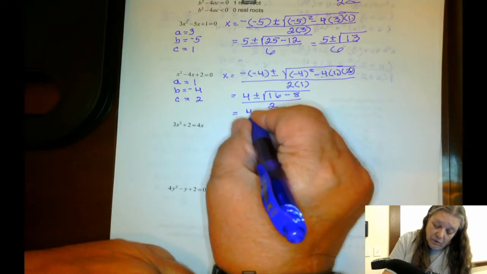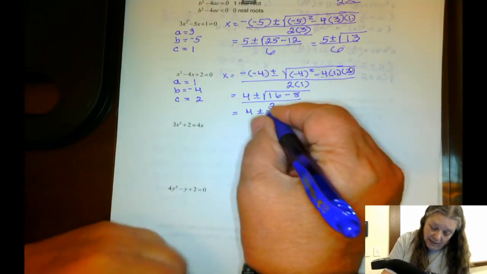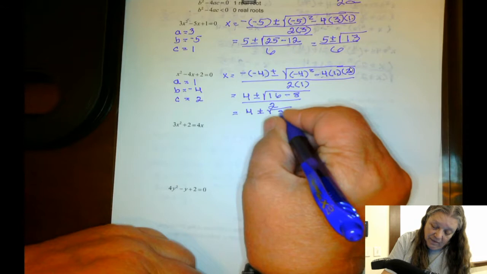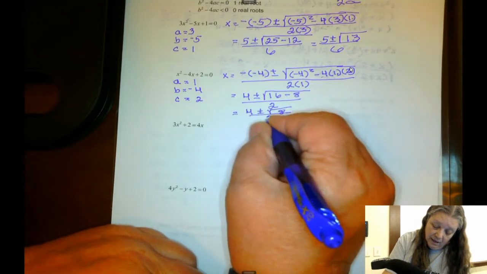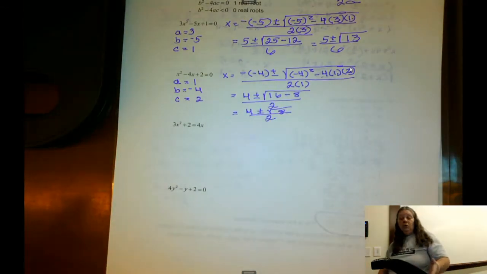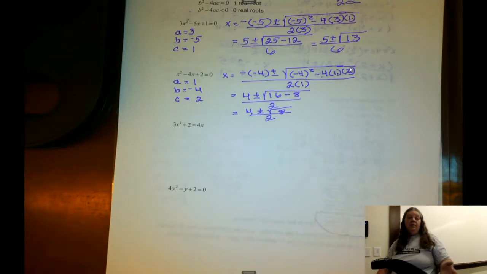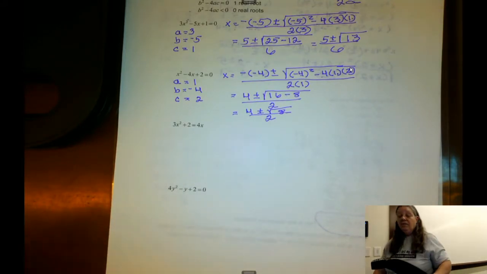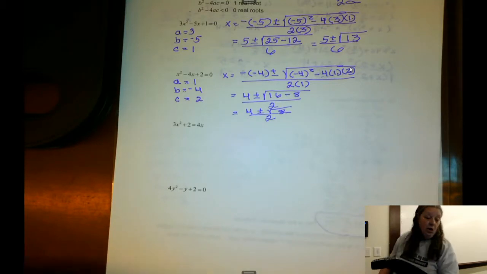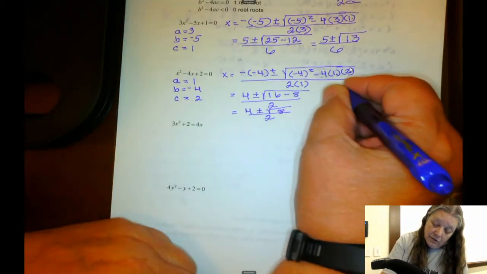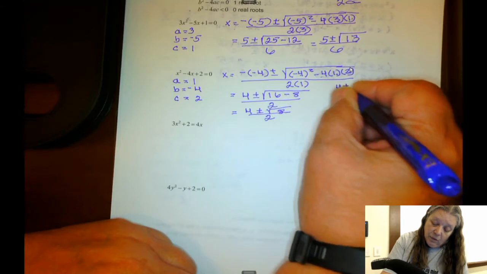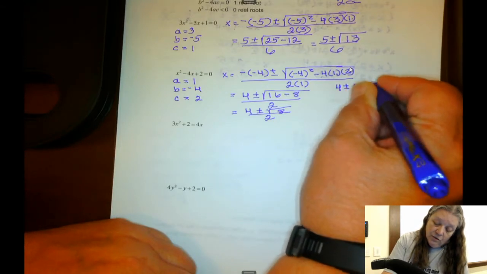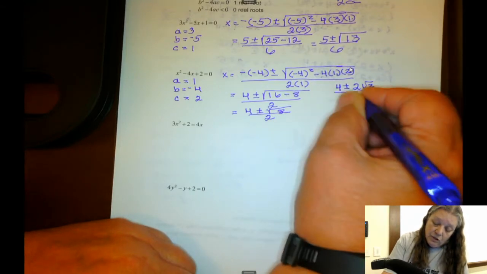So we have 4 plus or minus the square root of 8 over 2. Now at this point, this is how you would leave it because we haven't gone through how to work with radicals yet, how to simplify radicals. If you know how to simplify radicals, it becomes 4 plus or minus 2, radical 2 over 2.